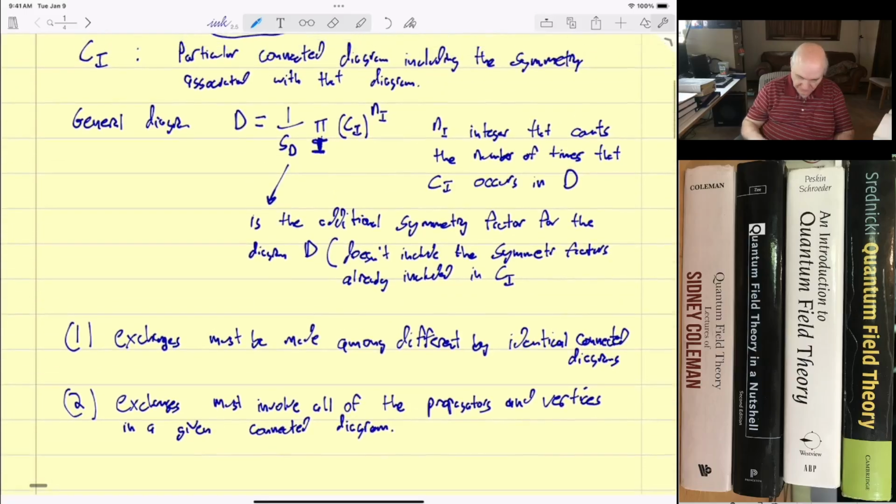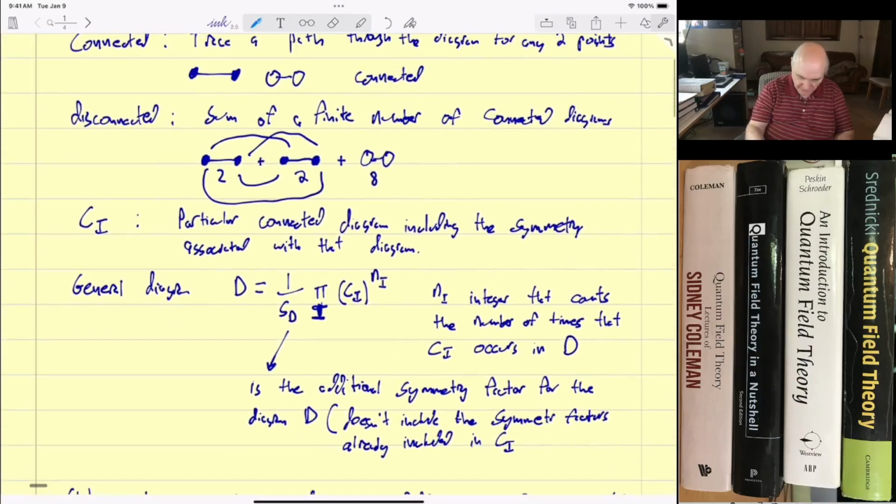So in other words, we can go between the first diagram and the second diagram, but we have to completely exchange one whole diagram with another.